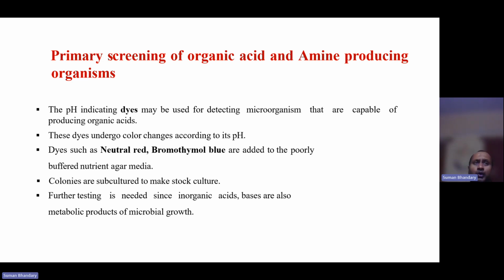So we can use either the indicator dye or calcium carbonate to identify whether the microorganism that we have isolated from a particular source can produce organic acid or not. The identified colonies are then isolated and purified either by repeated subculturing or by the streaking method. Then you can prepare a stock culture for further qualitative as well as quantitative screening tests.